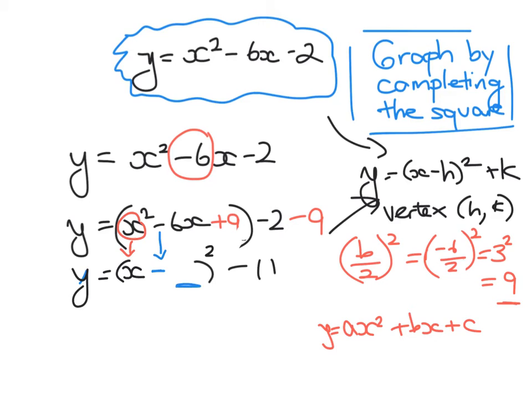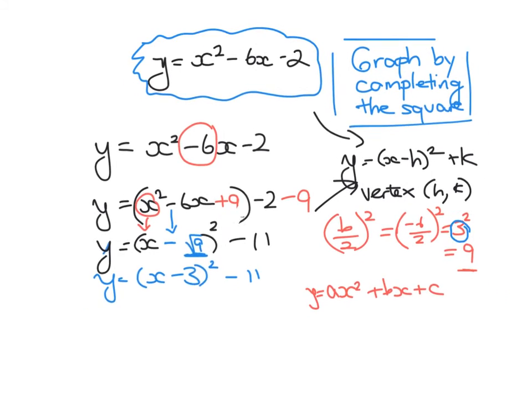Our final term is what we squared to get that number. That number's 9, but the thing that we squared to get 9 is 3. So it's always going to be the square root of that number that goes inside that bracket, in this case the square root of 9. And so y is equal to (x take 3) all squared take 11.